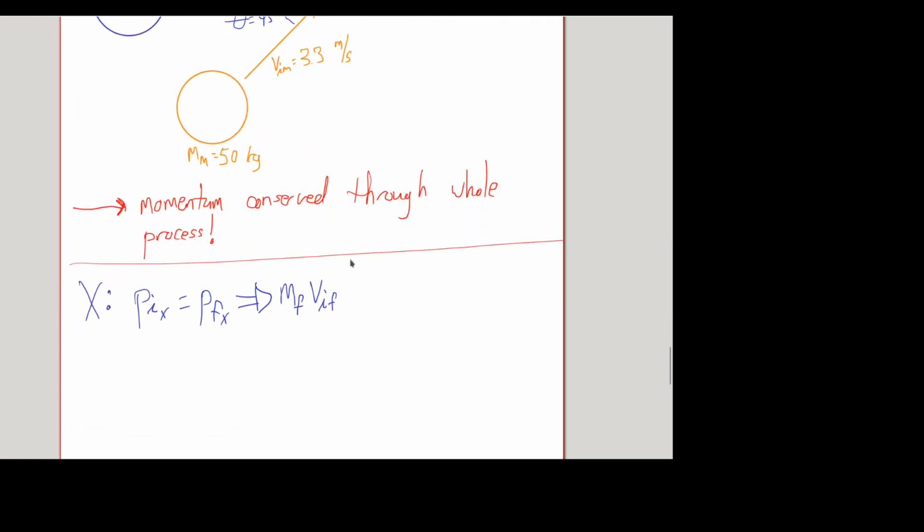He's moving in x, plus the x momentum of the mother, the initial mother in x, so cosine of the angle, equals their total mass times the final velocity in x.